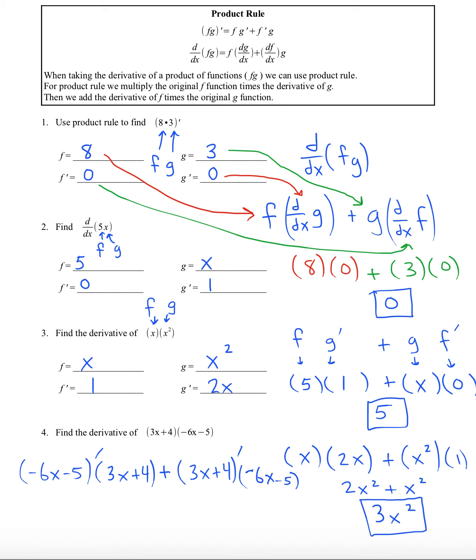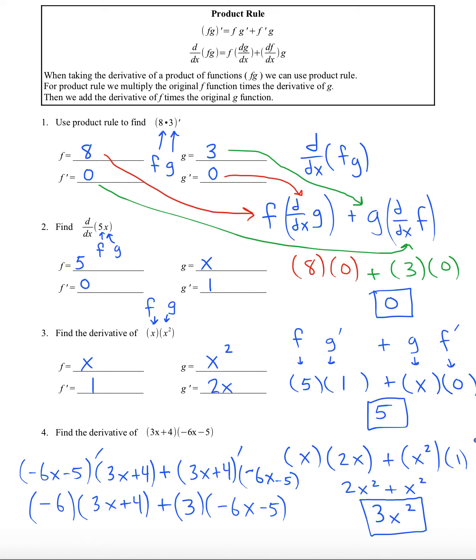Okay, so the derivative of negative 6 minus 5 will be negative 6. The derivative of 3x plus 4 is just 3. And there we go. Technically, it's done. You know, that is the derivative.